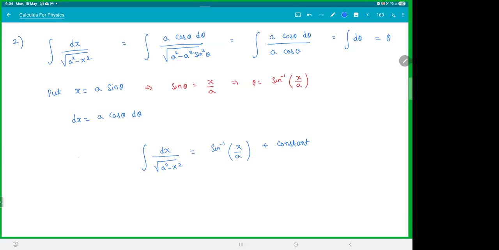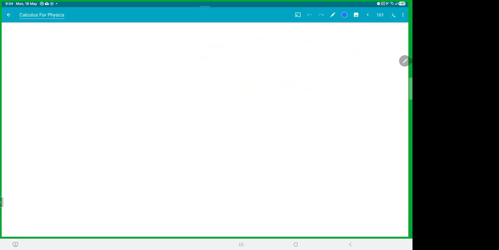Well, let's see the third form. Integral dx by root over x square plus a square. You put here x is equal to a tan theta.